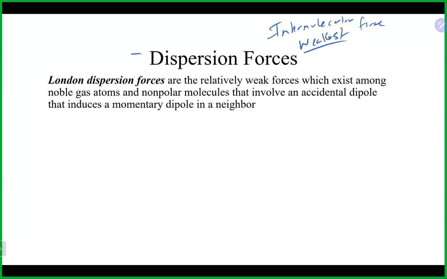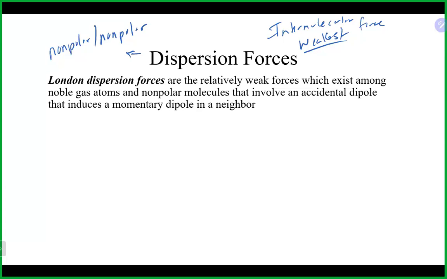This is the main interaction that nonpolar molecules use with other nonpolar molecules. So there's a couple ways that this can occur.